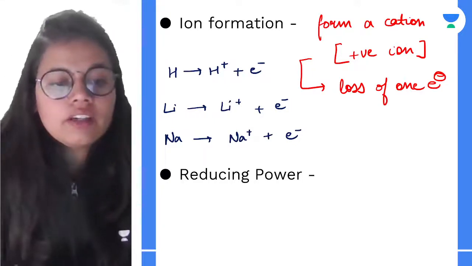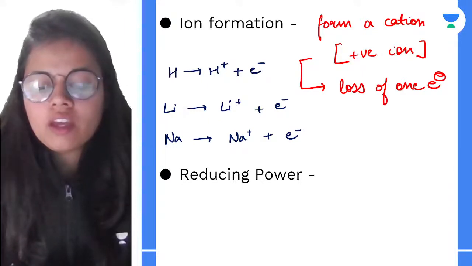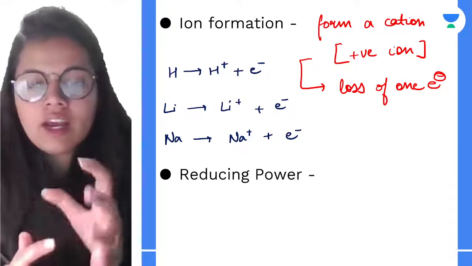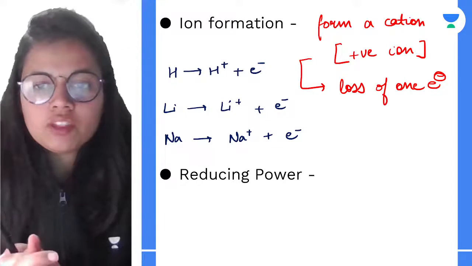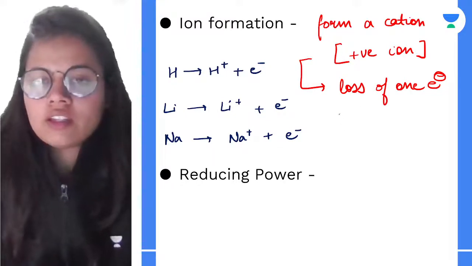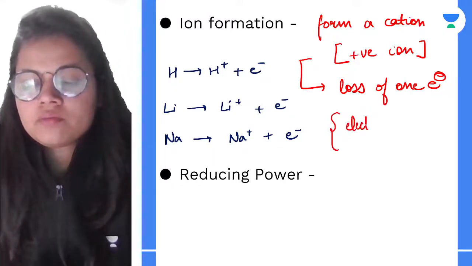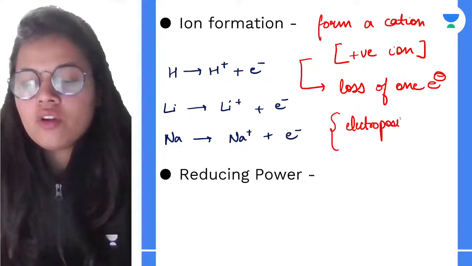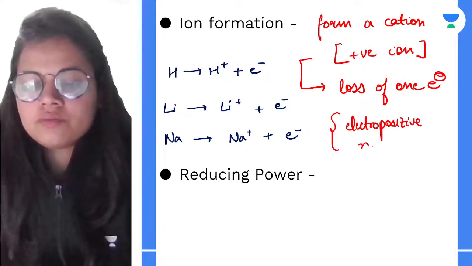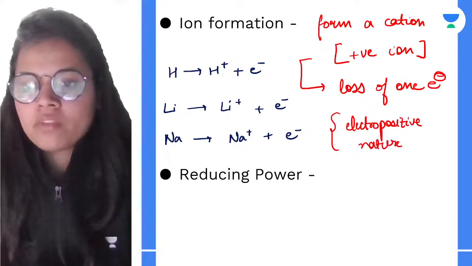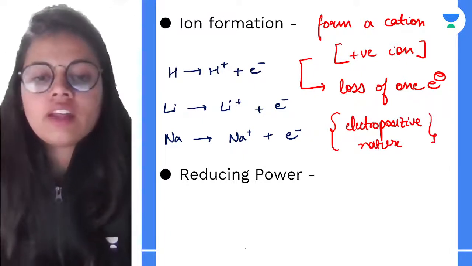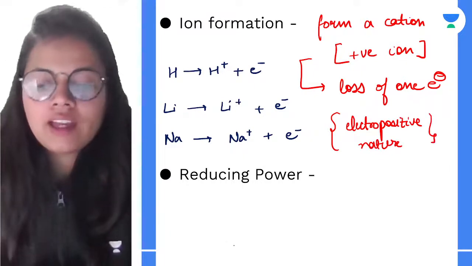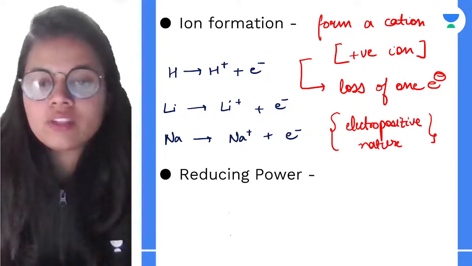Next is the reducing power. Because of this, they are having, first of all, electropositive nature. Do not forget that these elements are having electropositive nature. And hydrogen and the alkali metals act as reducing agents.